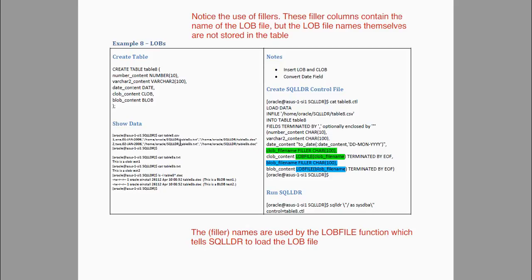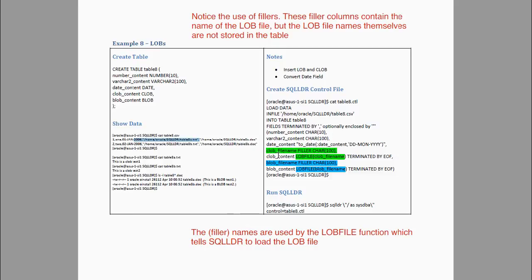In this particular case, the file that has the LOBs in it, where the LOBs are located, we give the file name. And then let's look at the control file, and where we get to that section, we call it a filler, and we call it the clob file name.